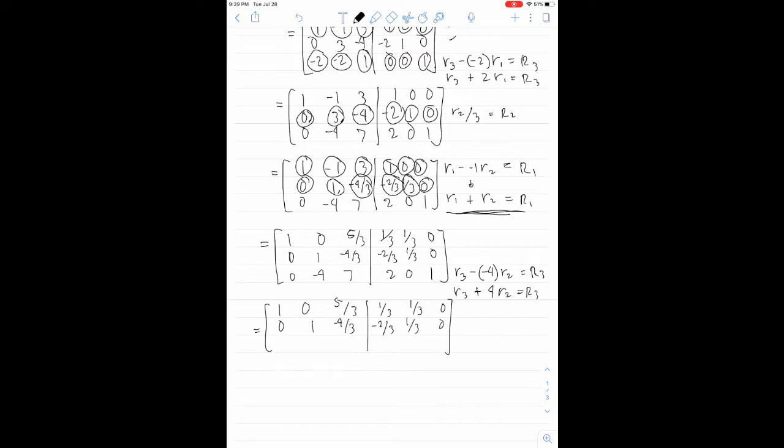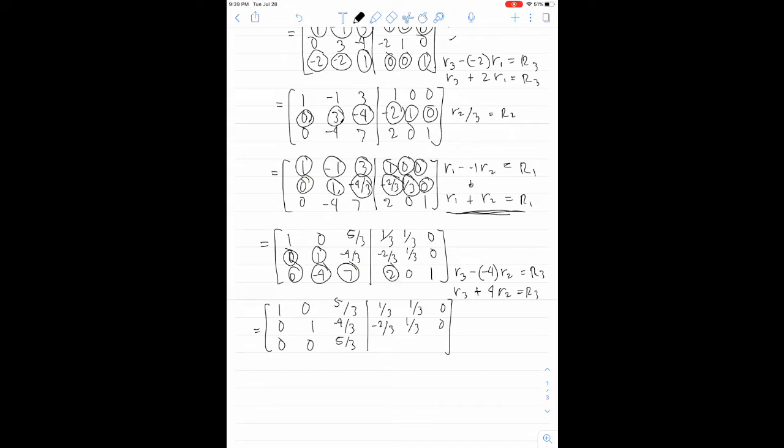Okay. So r sub 3 plus 4 r sub 2 is equals to r sub 3. So r sub 3 is 0 plus 4 times 0 is 0. Negative 4 plus 4 times 1 is 0. 7 plus 4 times negative 4/3 is just 5/3.